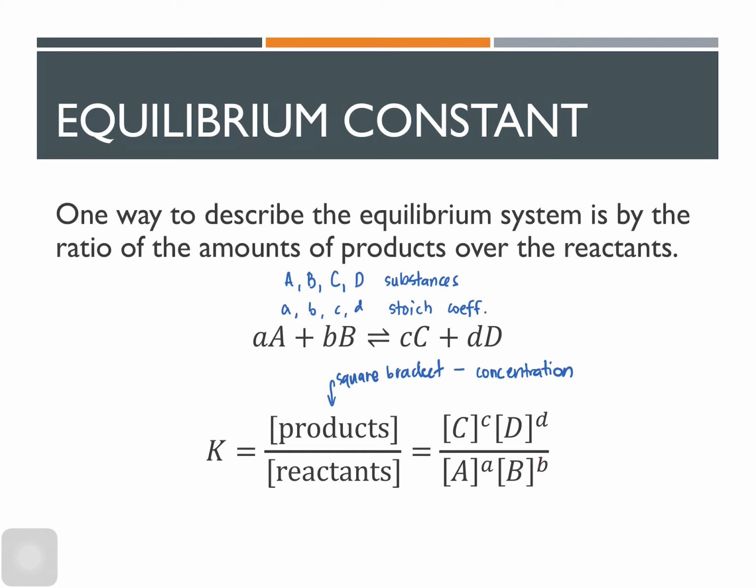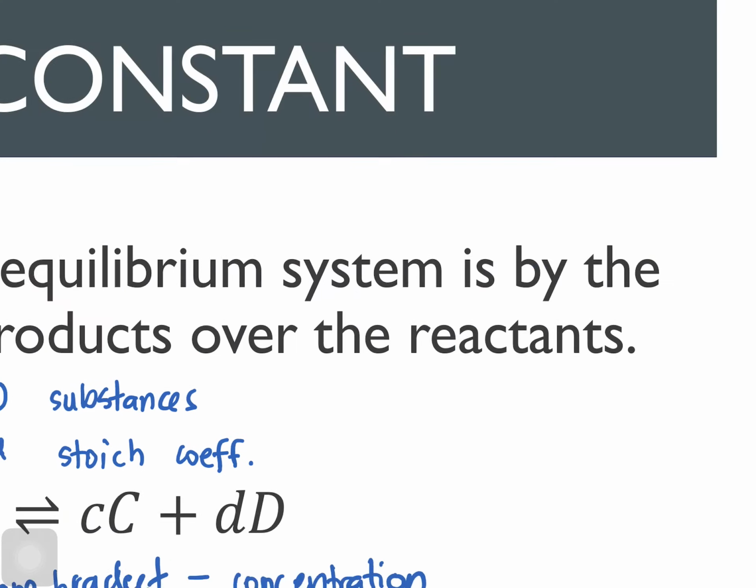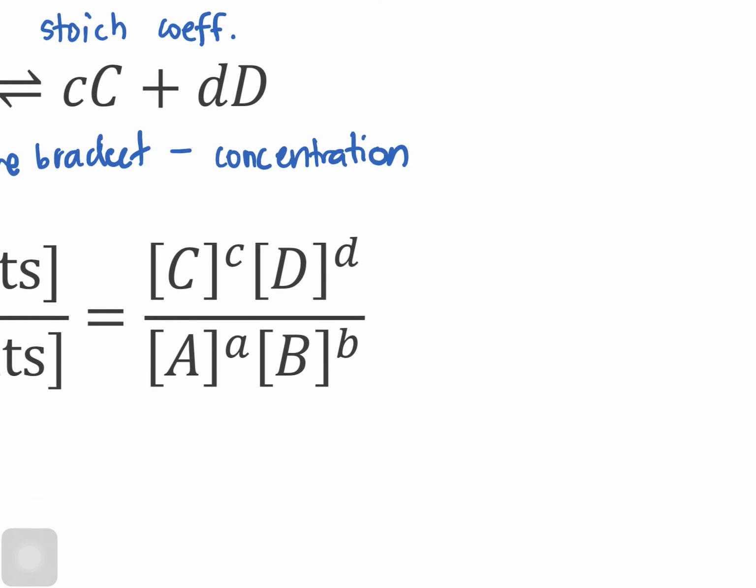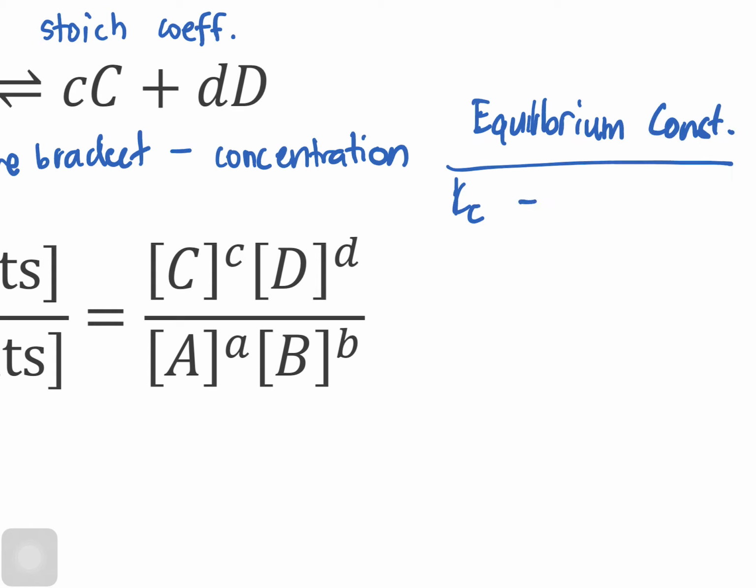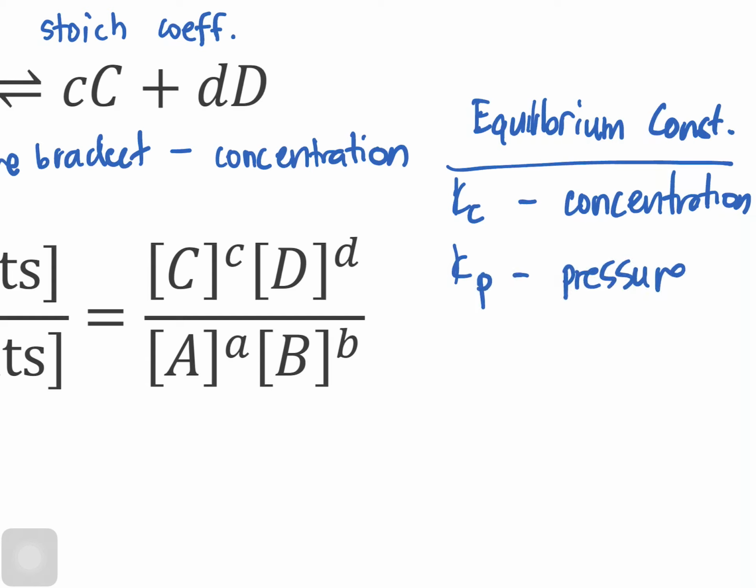We have two types of equilibrium constant. The first one is expressed in concentration. We call that Kc. Kc is in terms of the concentration, and Kp is in terms of pressure, and this applies for gases only.